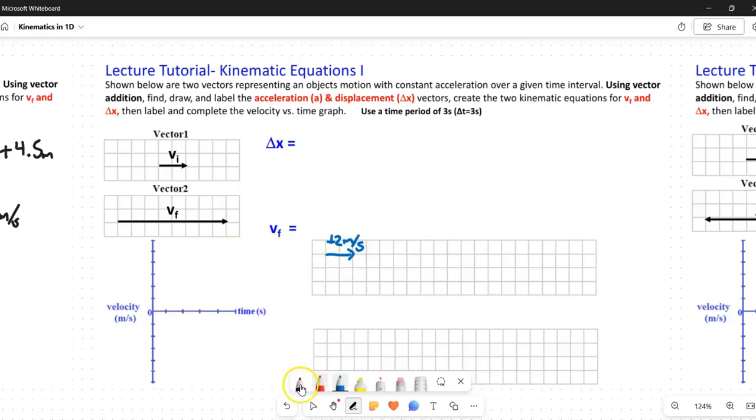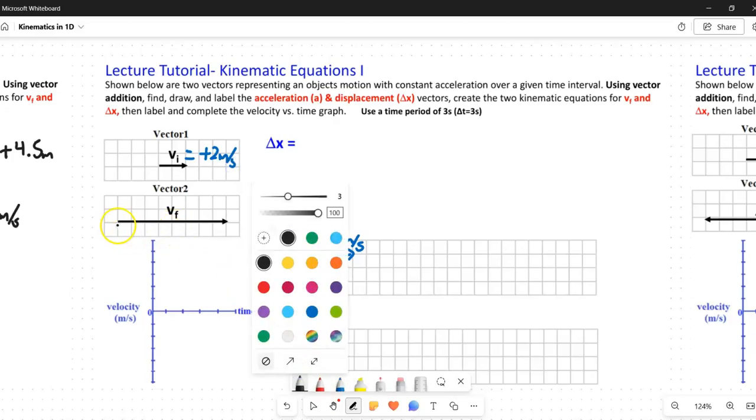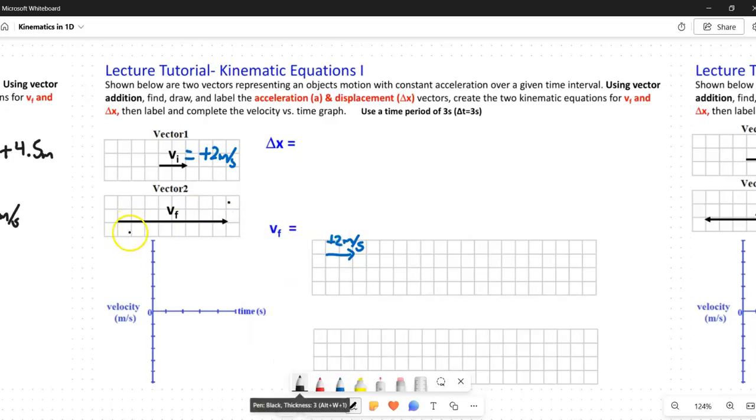And it looks like we have a final velocity that is going to be 1, 2, 3, 4, 5, 6, 7, 8. So the final velocity is going to be positive 8 meters per second.